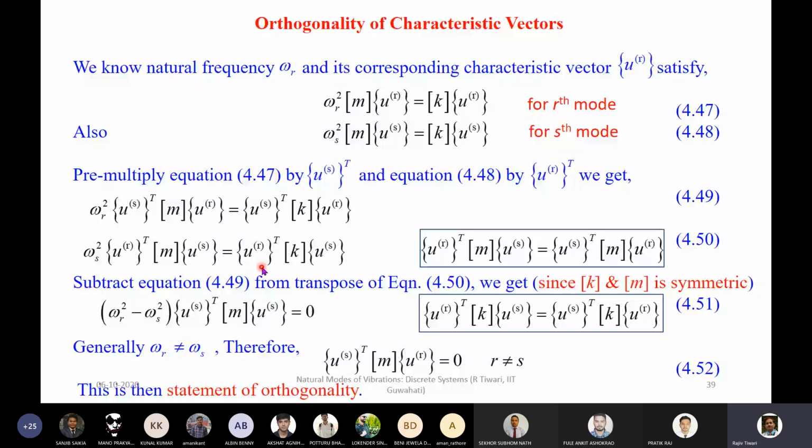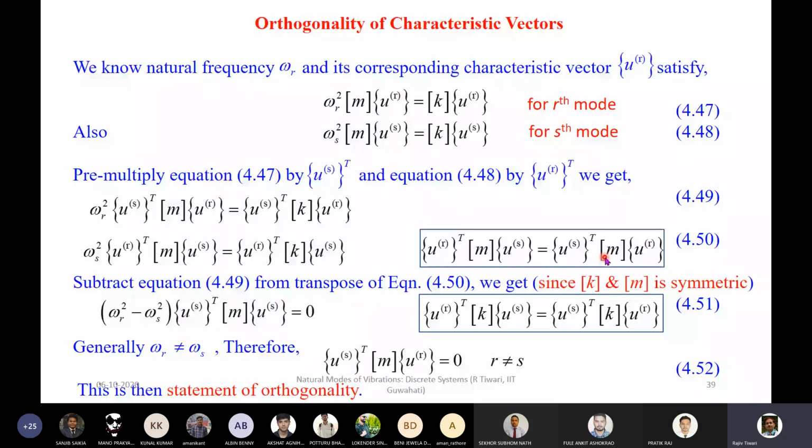Now we are subtracting one from another, noting that the mass matrix is symmetric. If you see here, r is here, s is here, and because of the symmetry, even if we swap the superscripts s and r, these two will be the same because the mass matrix is symmetric.